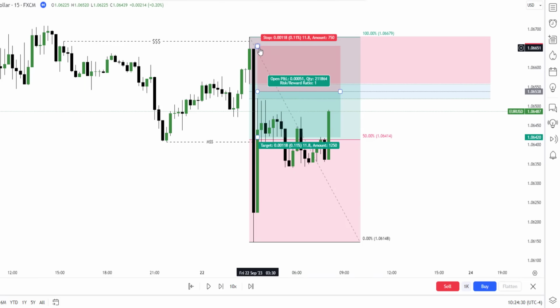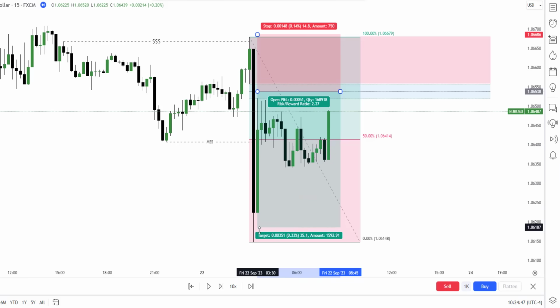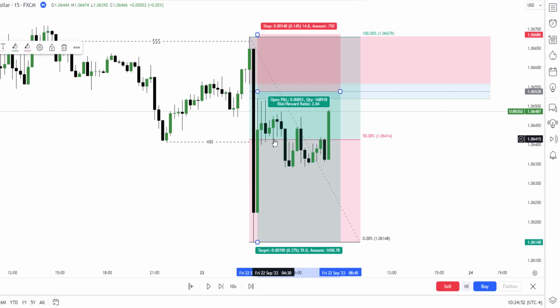Sincerely speaking, your stop loss is going to be right above this order block. There are two ways to do this money management. You can either reduce your position size since the stop loss is big, or you can take the risk of taking the trade from there. And then normally the target is the recent swing low. For this sell example, this is almost like 1:3 or 3:1, whichever way you want to call it.